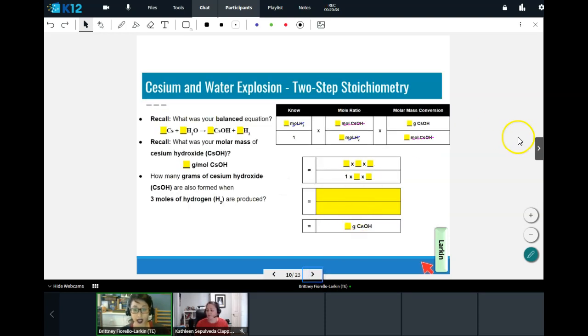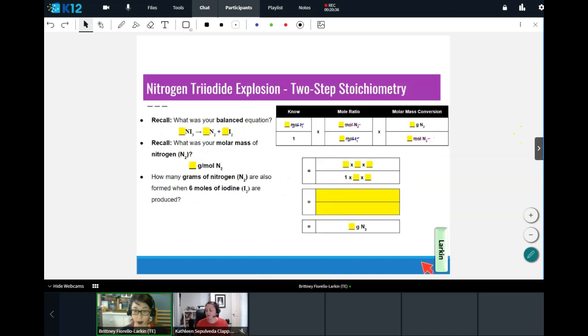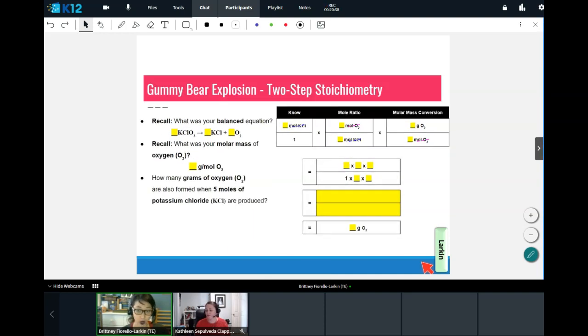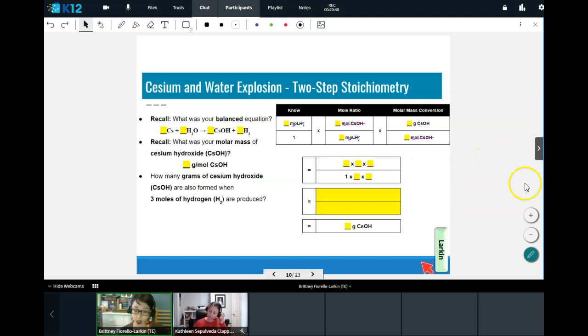So we're going to take a look, and all of these two-step problems look very similar. Whatever we do for the first one is pretty much the same steps we're going to do for all of the other ones too. For these, you need to have both the balanced equation and the molar mass of one of your chemicals.